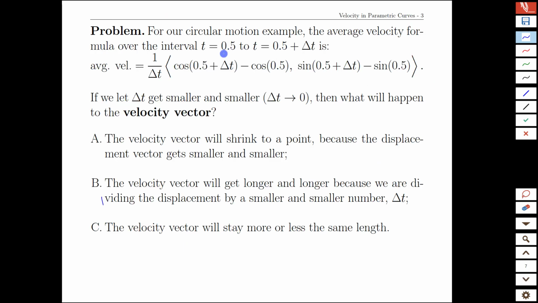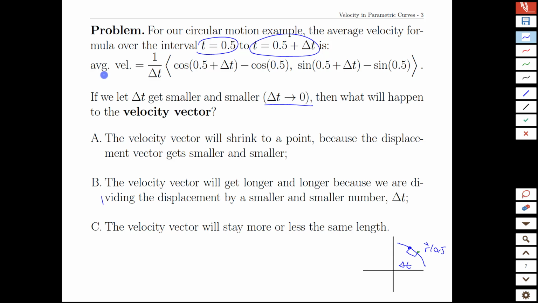Now let's return to our second example, where we had 2 points, time at 0.5, and a second point at time 0.5 plus some later moment. So we had our point here on the circle, and that was r of 0.5. And then we move, just imagine here a very small time, because we are going to let that time interval go down to 0.